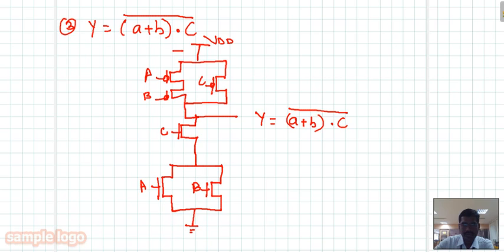Okay. So next we are going to see the fourth problem. The fourth one, Y equal to (A dot B plus C) whole bar.